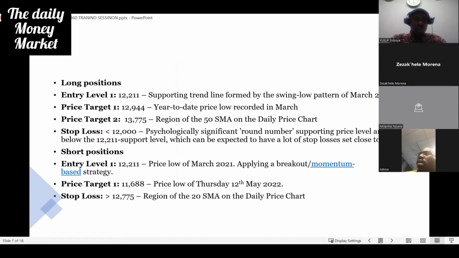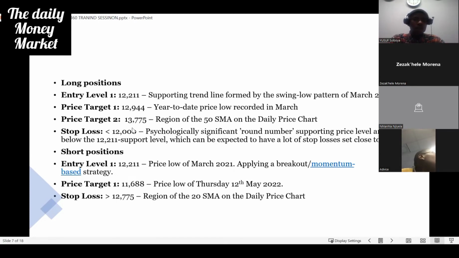All right. So this analysis shows you that in the past week, we could have been able to do the long trades at 12,211, with a price target of 12,944. The next price target, because it's a long trade, we wanted to go all the way to 13,705, right? To see if it's going to get to 13,705 because of the 50 SMA on the daily price chart.